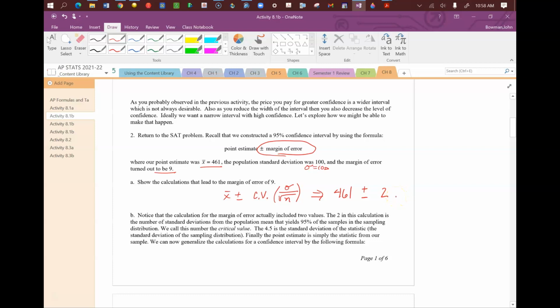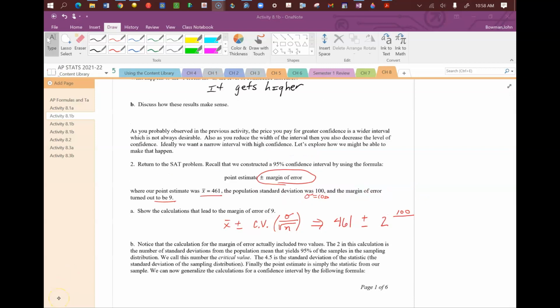We used 2 as our critical value. And the population standard deviation, 100, over the square root of the sample size, and our sample size in this case was 500. So if you were to simplify this, this part right here would turn out to be 9.